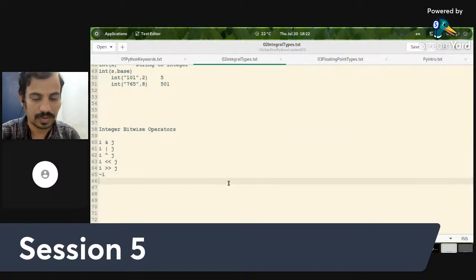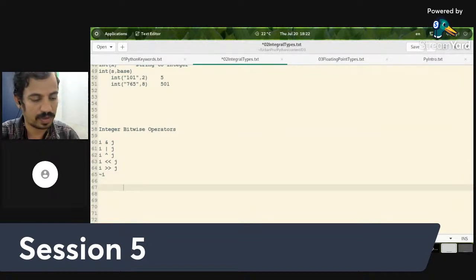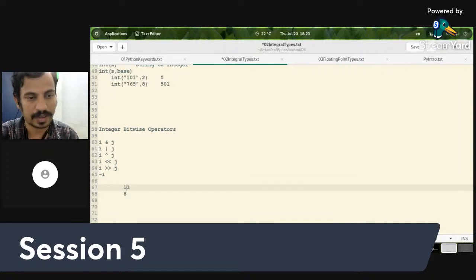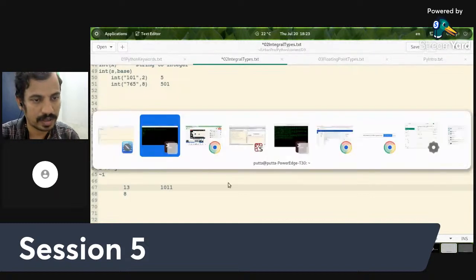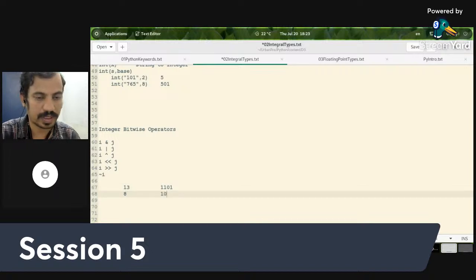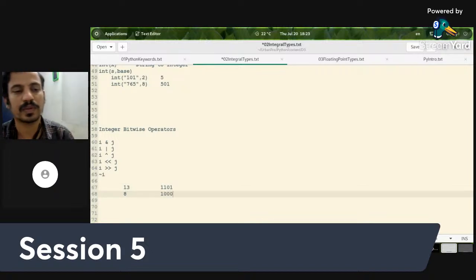I have two values, 13 and 8. 13 is represented as 1101, and 8 is represented as 1000.